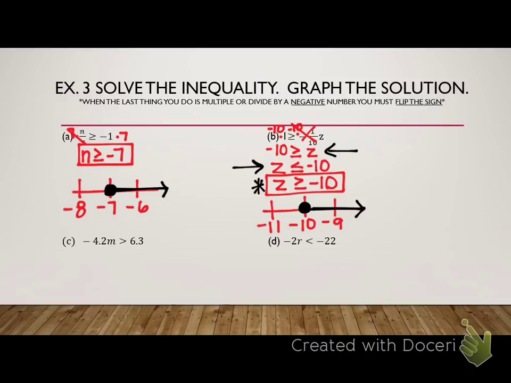If we read this, it reads -4 2/10 times m is greater than 6 3/10. So we know this is a multiplication problem and we're trying to get m by itself. The inverse of multiplication is division, so we're going to divide both sides by -4.2.